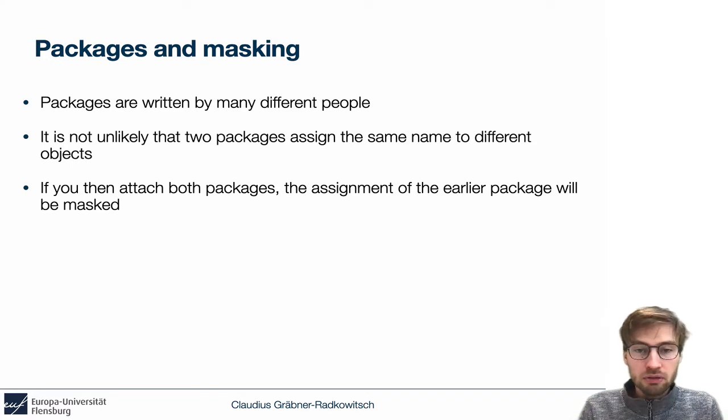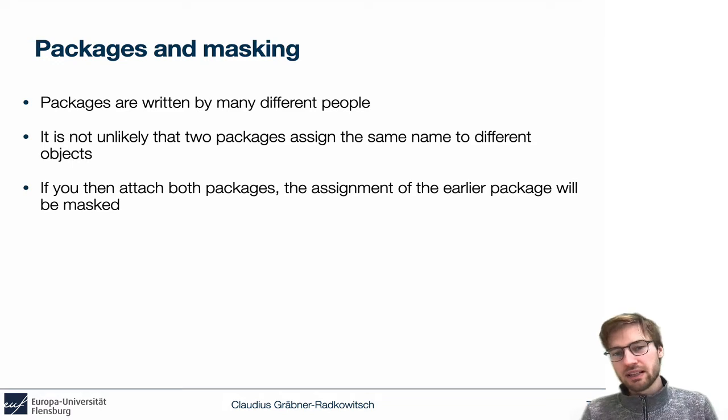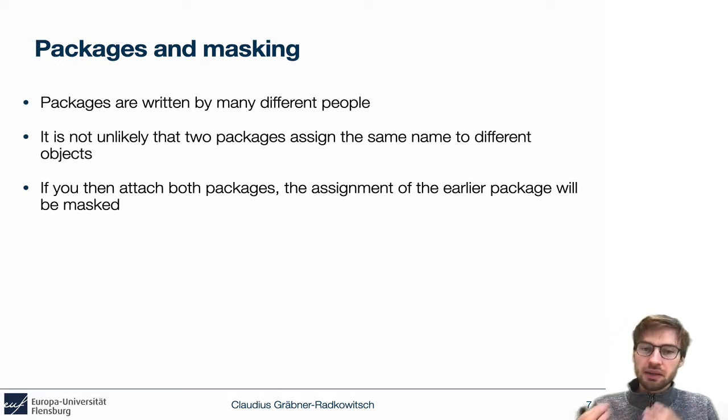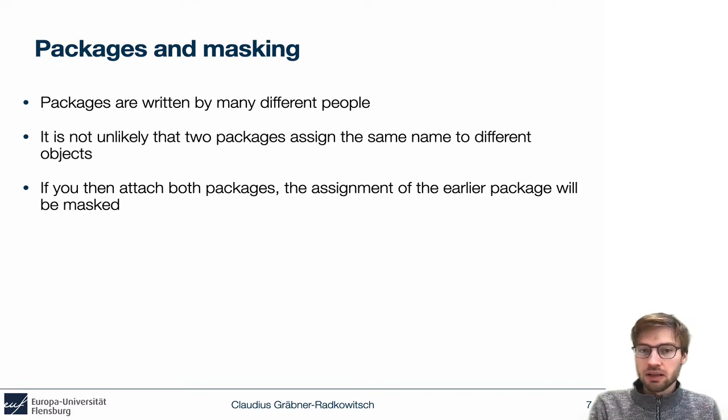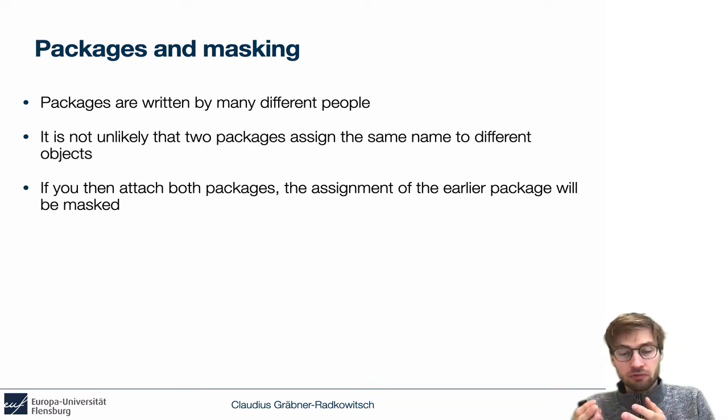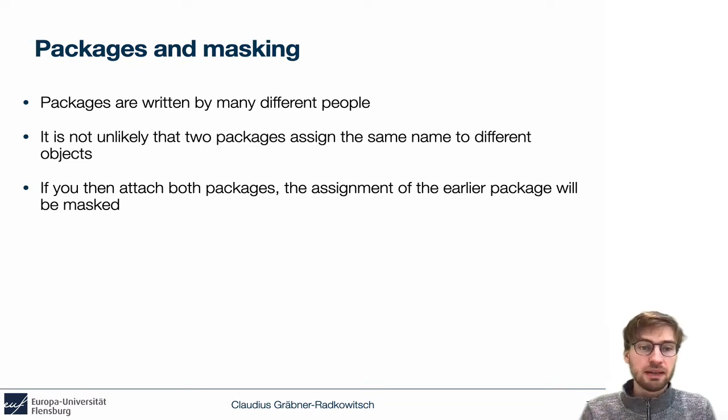And this process of overwriting definitions of a package that has been attached before, this is called masking. And it can be very annoying in practice, and it can lead to very weird error messages because you're thinking you're using one function, but in fact you're using another one because another package has masked the original function call you actually wanted to make.